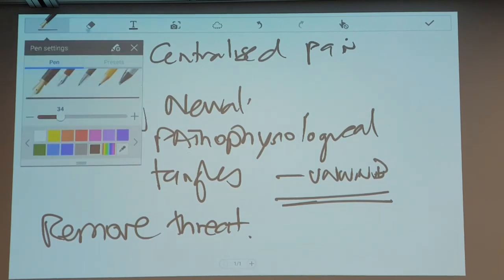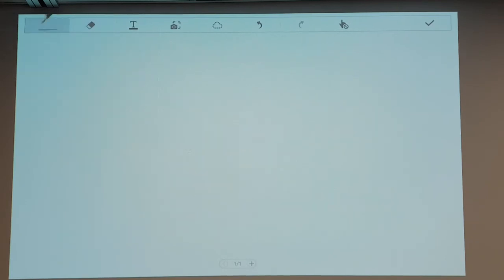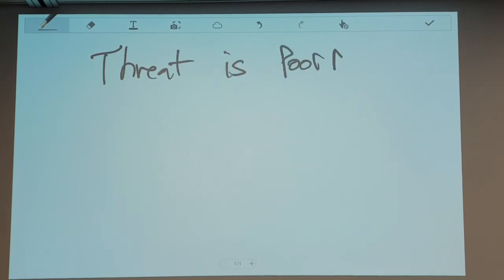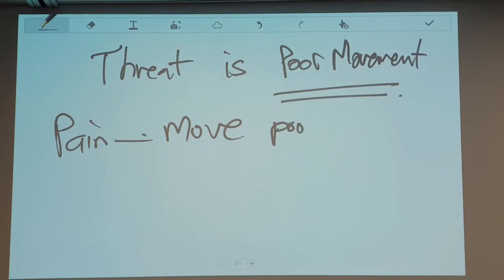And in terms of the musculoskeletal system, the threat is poor movement. Okay, so of course when someone is in pain, they're going to move poorly. Pain makes you move poorly.